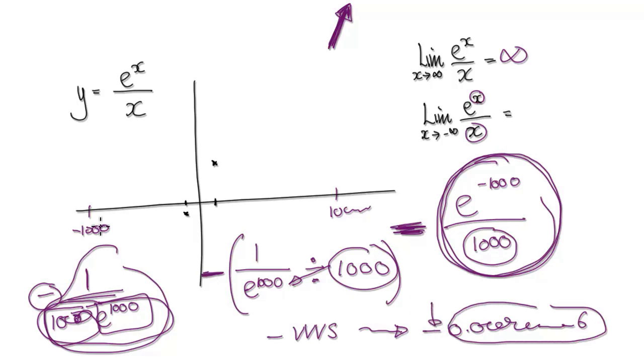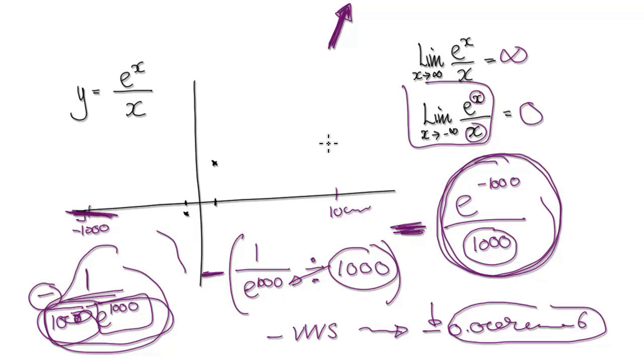So what that means is the graph will look something like this. Very, very small. And here we can say that the limit is actually 0 because it is heading towards 0. And it's heading towards 0 from the negative side. So we know it's less than 0. So we know the graph will look like this.